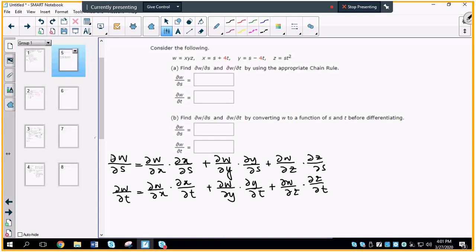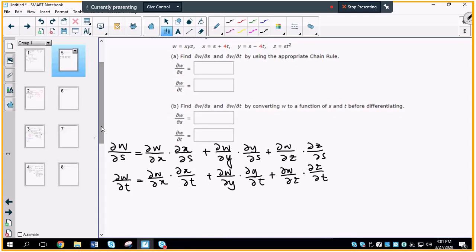So let's work these problems out. First and foremost, I'm interested in knowing del w del s. So this is the formula. I look at my del w del x, and it is going to be y times z. I'm multiplying it by del x del s, and the derivative, as you can imagine, is just 1.